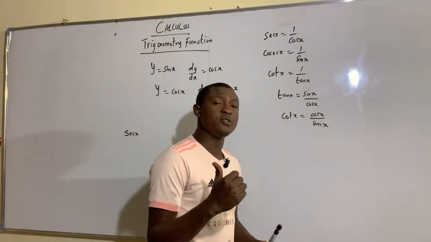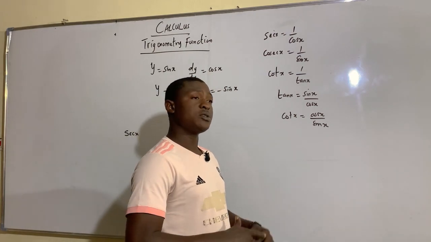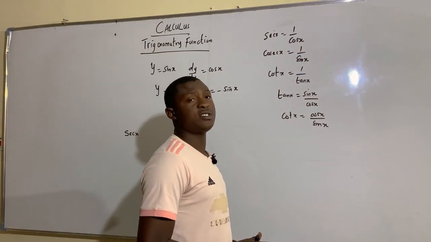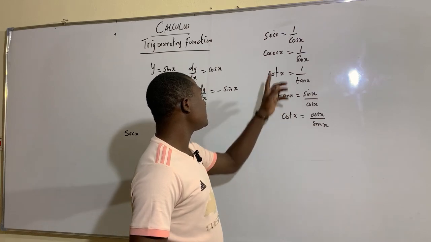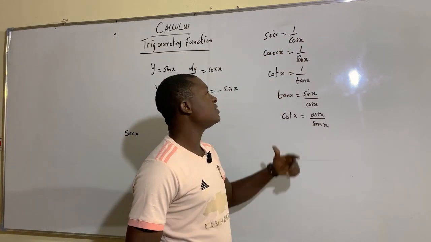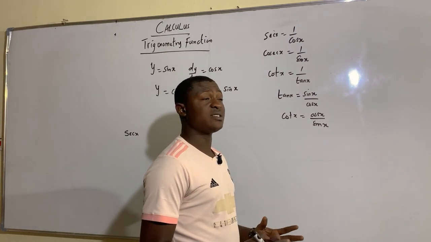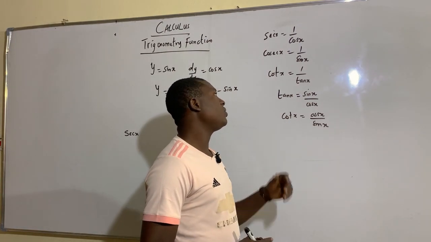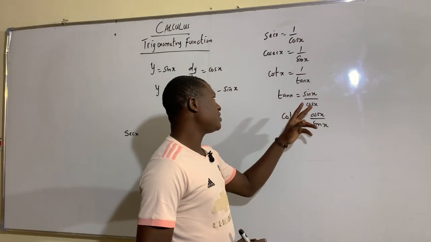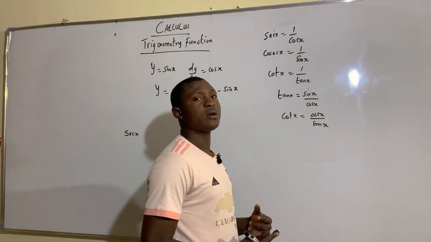In case you missed the videos on trigonometry, the one we talked about in Math 101, you can check so that you can master all these identities. Sec is 1 over cos x, cosec is 1 over sin x, cot x is 1 over tan x, tan x is sin x over cos x, and cot x is cos x over sin x.